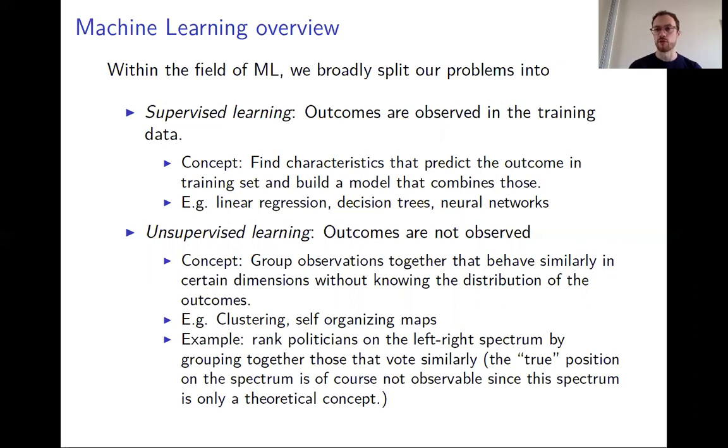But we can group politicians together by how they vote, or what their campaign looks like, and we can say, okay, this politician is very far to the left, this politician is very far to the right, and others are somewhere in between. You group them together by how they are voting, which party they belong to, what their opinion is on certain issues, and so on.